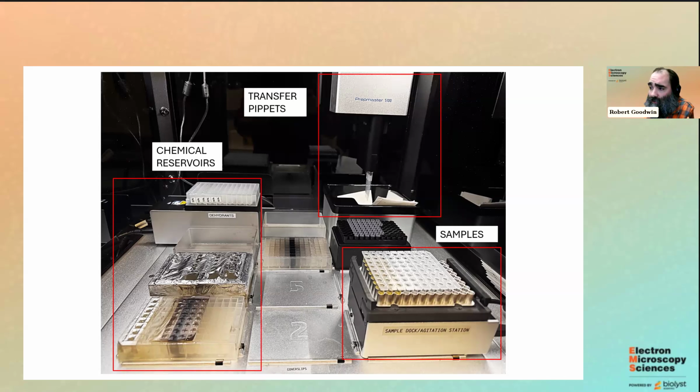It's also very easy: if you need to do something while it's running, you just hit pause, and it's going to pause wherever it's at, so you can pull the samples out and move them. I have a large rotating machine that makes a lot of noise in my fume hood, but the agitation takes the place of the rotation. So if you need your samples moving while you're processing them, that's what the agitation is doing.